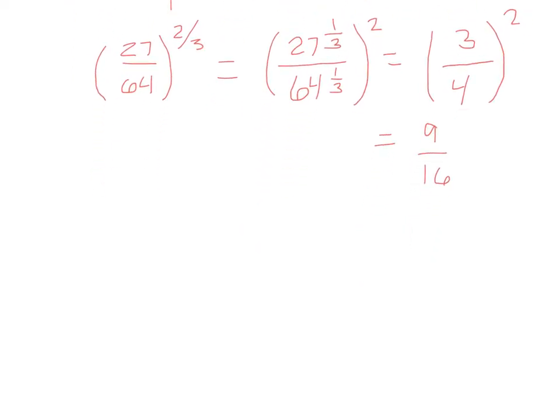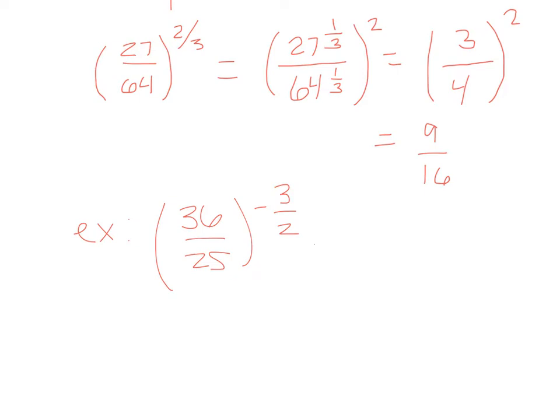Another example, let's take 36 over 25 to the negative 3/2. So we have a rational exponent, and that exponent is negative.